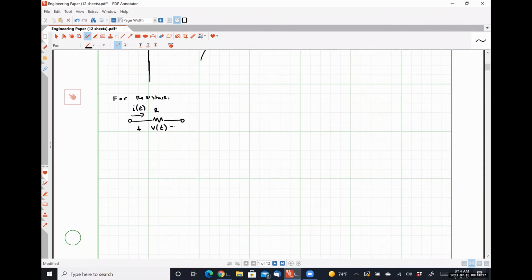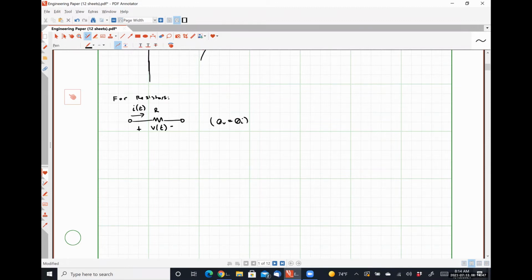Do you guys remember what the relationship between the phase angles for the current and voltage in a resistor are? For a resistor, the phase angles are identical, right? We know that theta V must be exactly equal to theta I.